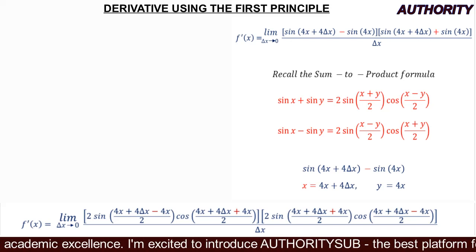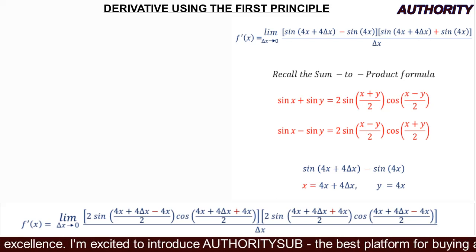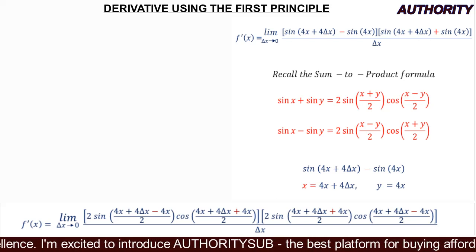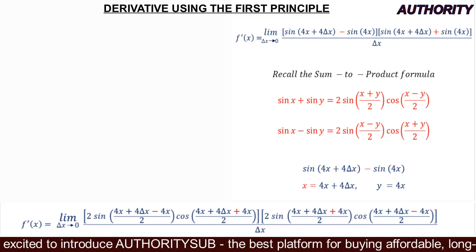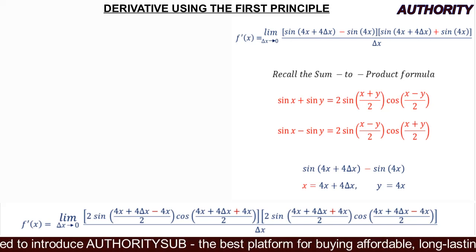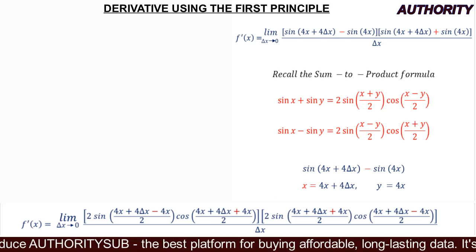Then multiply by cos. This one says x minus y. What is our x? x is 4x plus 4 change in x. Then minus y, which is 4x all over 2. Are we together? Yes. Now let's go.